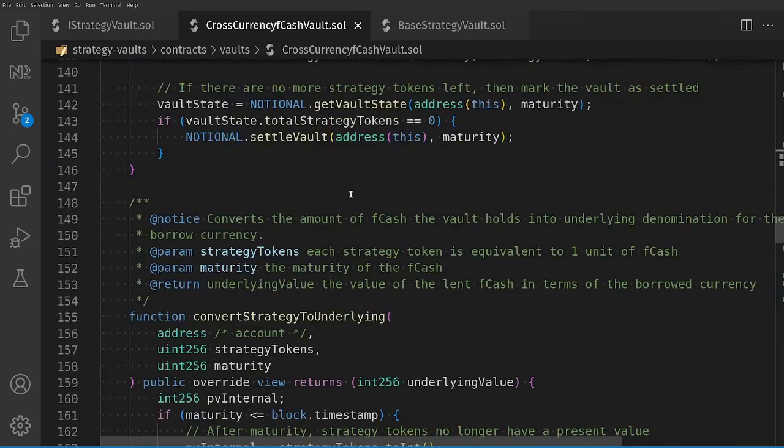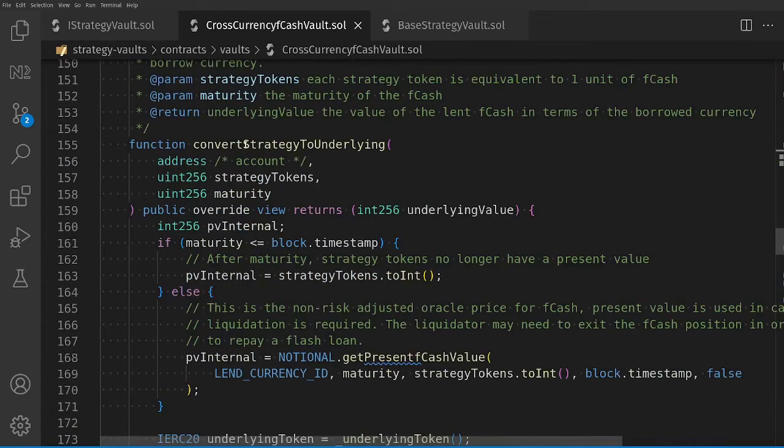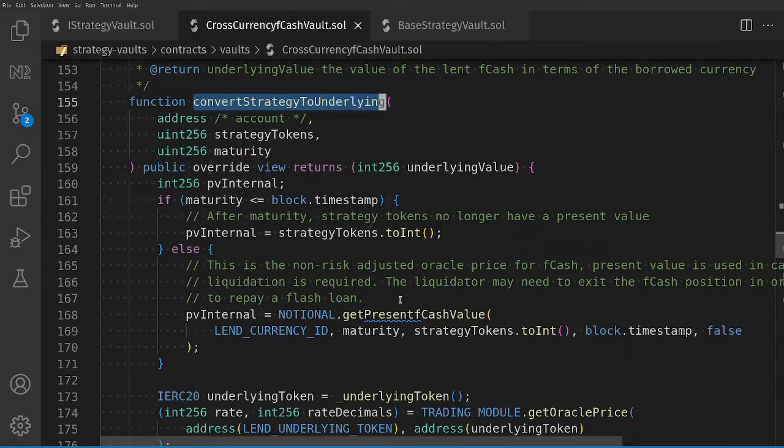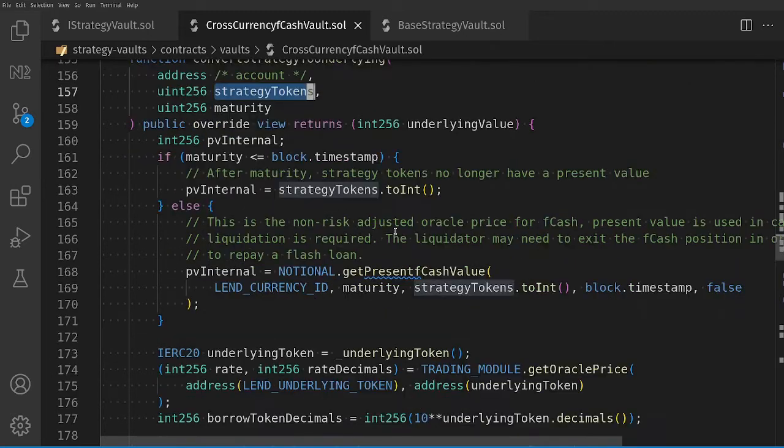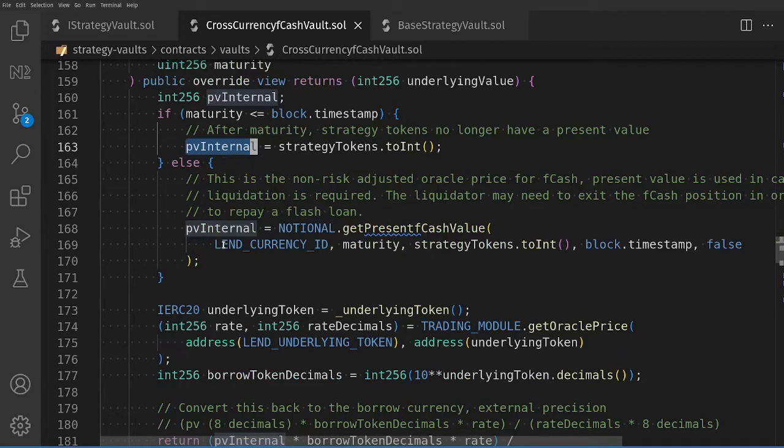We'll skip settlement for now, and we'll take a look at convert strategy to underlying. So in order to get the valuation of a certain number of strategy tokens, in this case, the strategy tokens will be the fDAI. It will be the lending position. So fDAI in our example. And the valuation there post maturity is going to be the notional value of the fDAI because it has matured, and that's what the account now has.